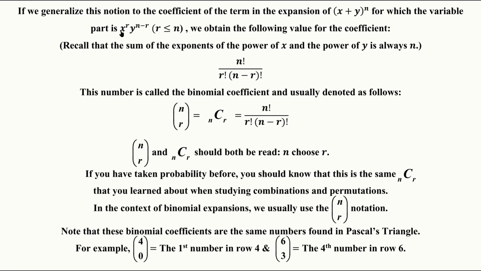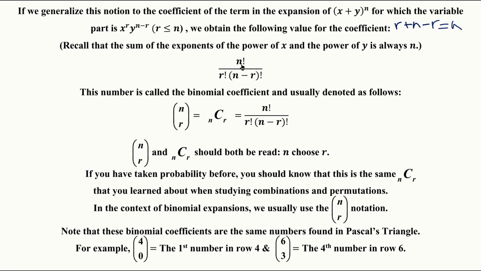Remember, for each term, the exponent on x and the exponent on y should add up to the n that you start with, which is the power you're raising the original binomial to. Here, notice what is r plus n minus r. The two r's will cancel out and you end up with n. So it's consistent.